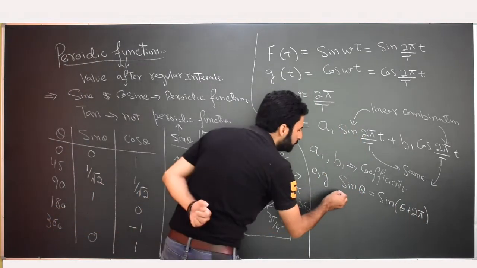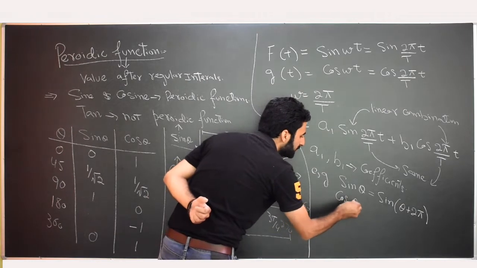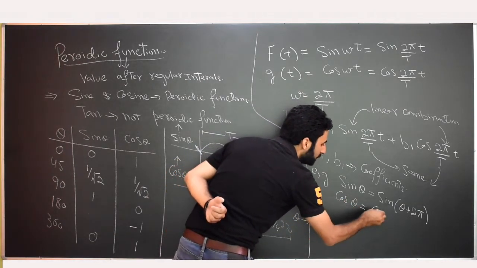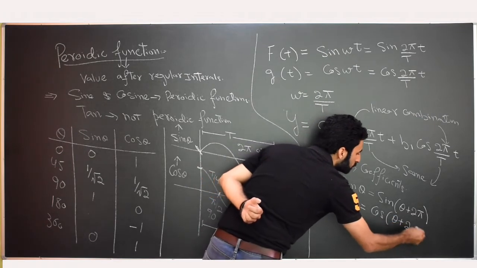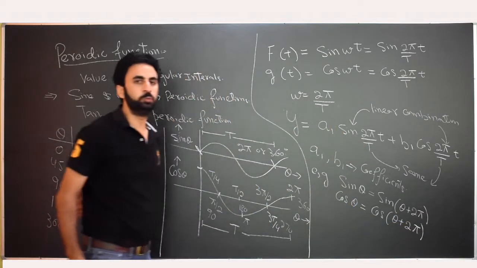Whatever value you have for cos of theta, you will have the same value for cos of theta plus 2 pi.